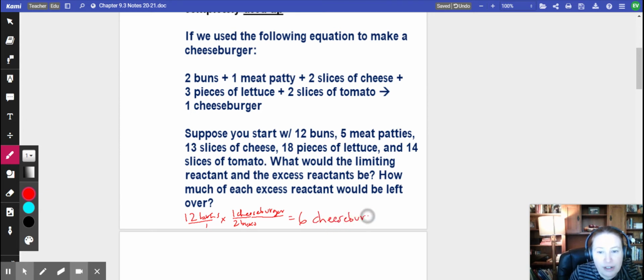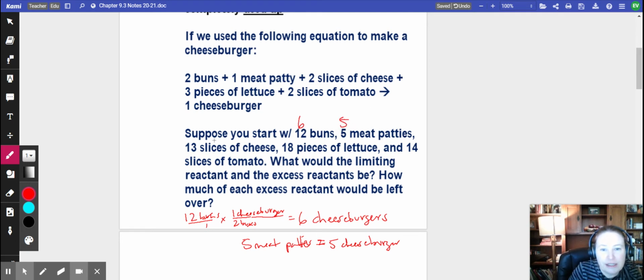Okay, so we have to figure out from each of my reactants, how many cheeseburgers can I make? 5 meat patties equals 5 cheeseburgers. So I'm just going to write the number of cheeseburgers above each thing since we have a lot more. So this was 6. With 5 meat patties, I can make 5 cheeseburgers.